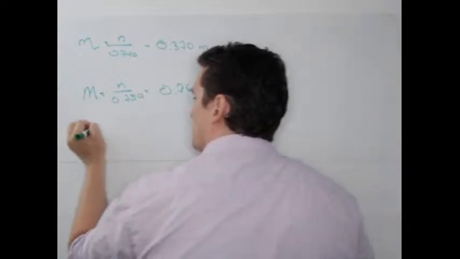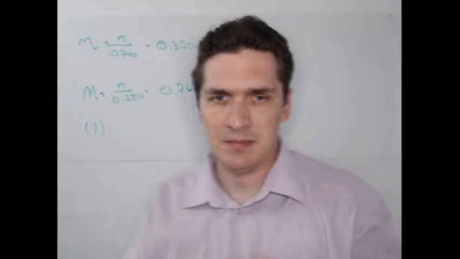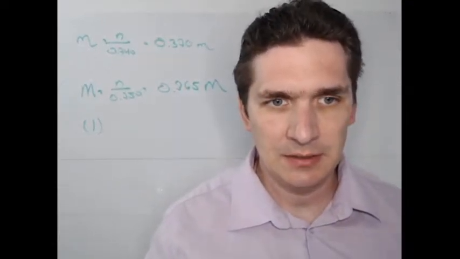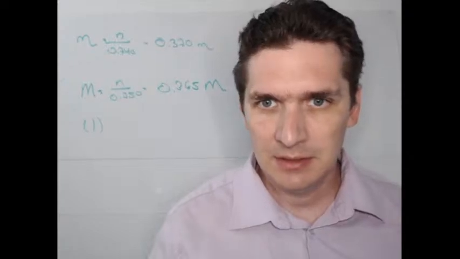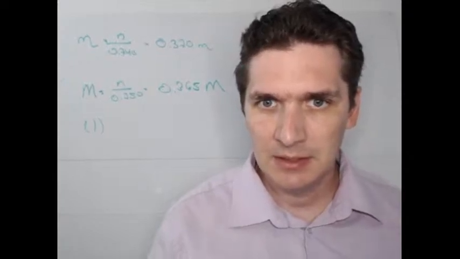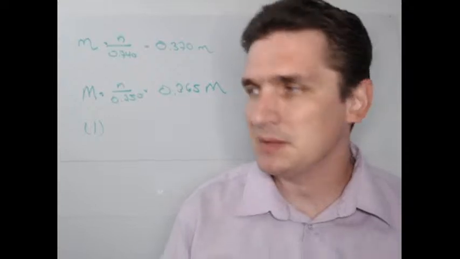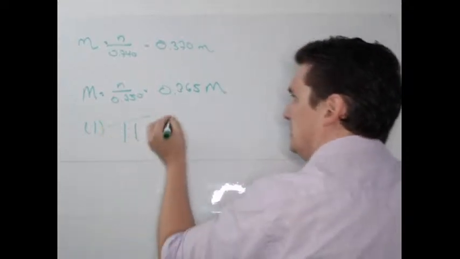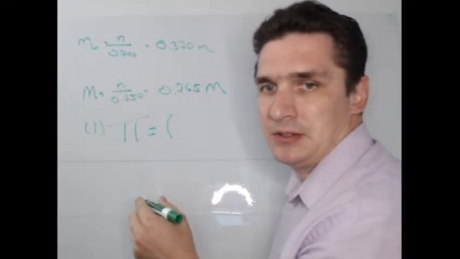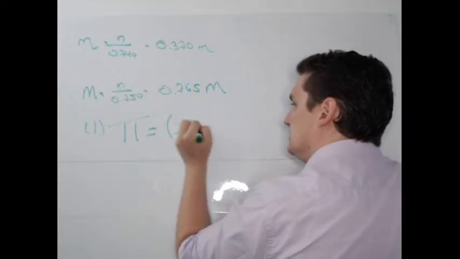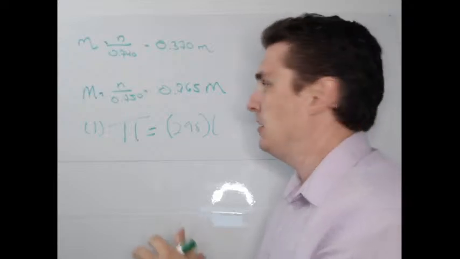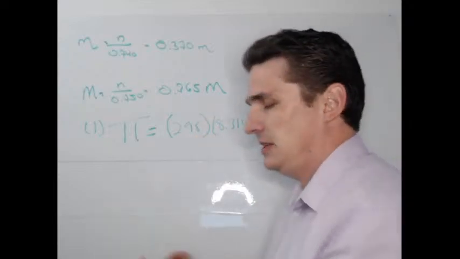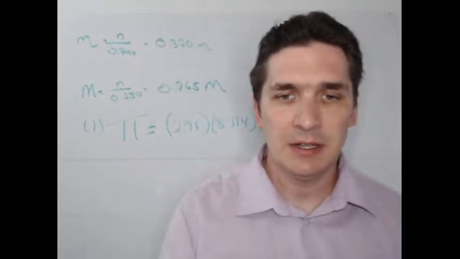All right, the first one is osmotic pressure. Pressure equals iMRT. The temperature here is 25 degrees C, so it's going to be 298 Kelvin. R is 8.314 kPa liters per mole Kelvin.